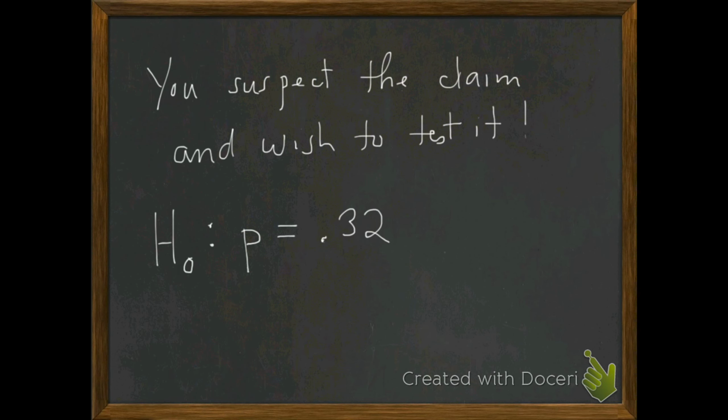And we'll always put this as a decimal. Our alternative hypothesis will again always have the same letter and the same number. Then we'll choose one of the three inequalities that coincides with the motivation for the reason we're testing. Suspect doesn't imply we think it's higher or lower, just a general motivation for a test. So hopefully you see by now this is called a not equal to test.